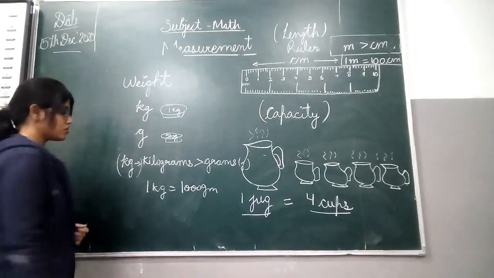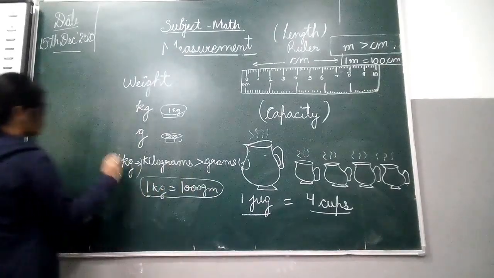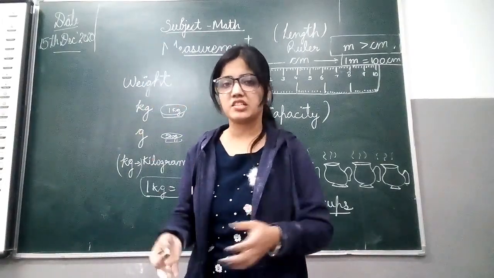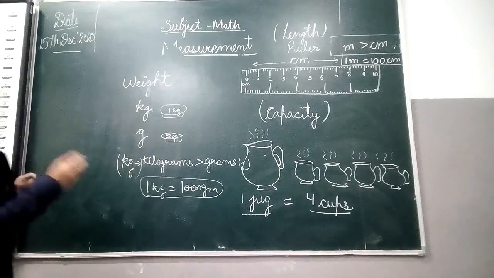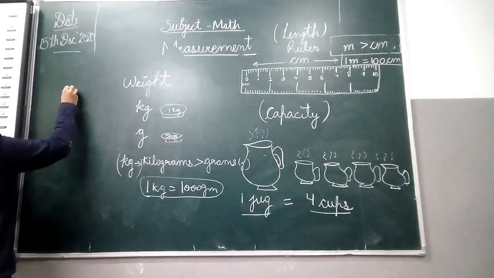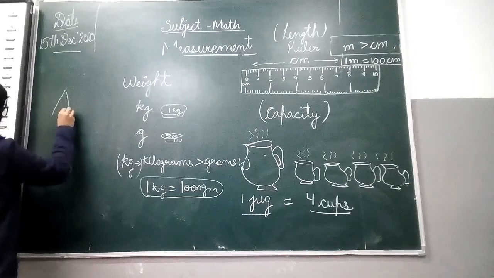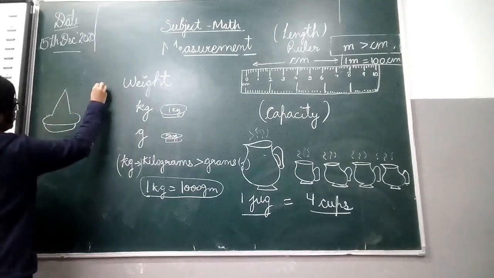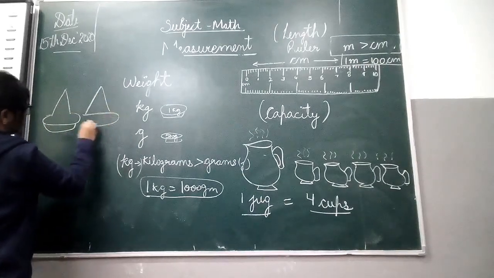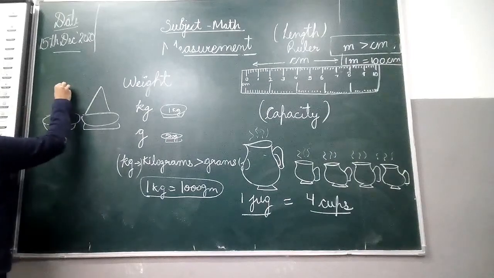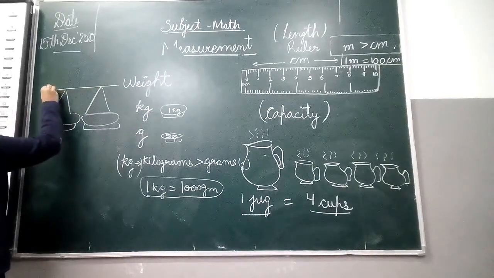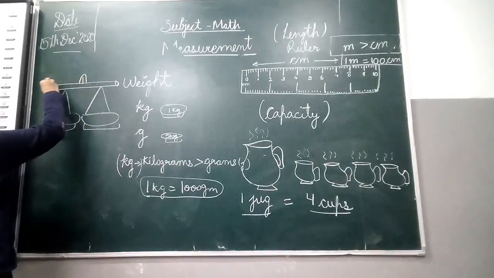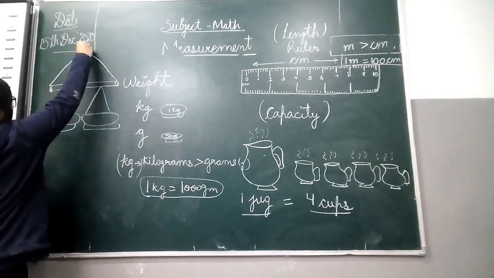Okay students, further when you do the questions, or when you go to buy fruits or vegetables, the shopkeeper uses a balancing machine, like this. Such a machine is used by the vendor.